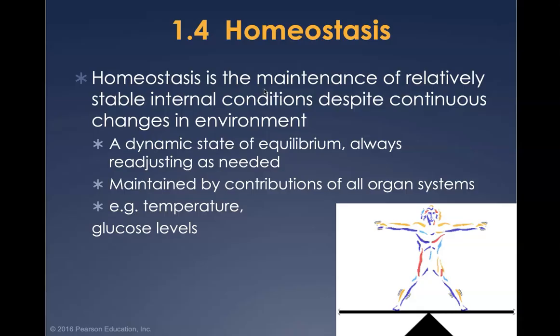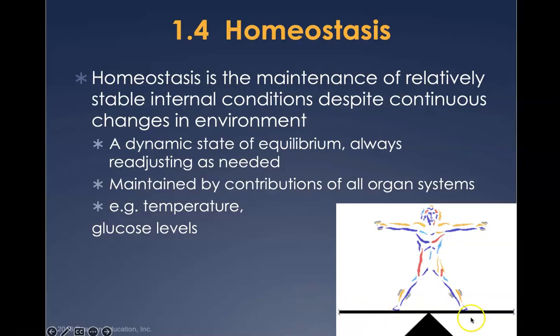So our body likes these different areas, glucose levels, temperature, pH, to be the same because it is the ideal level for the function of all of these metabolic reactions. So we need this state of sameness for our metabolic reactions to happen the way that we need them to.